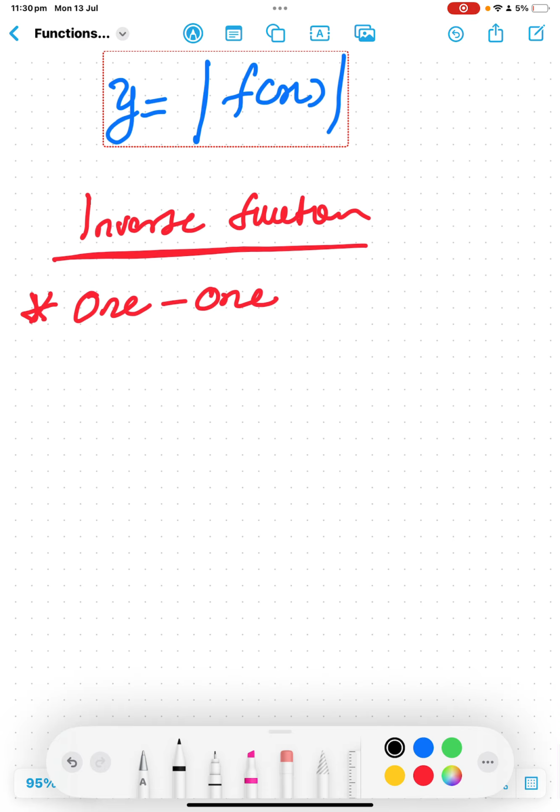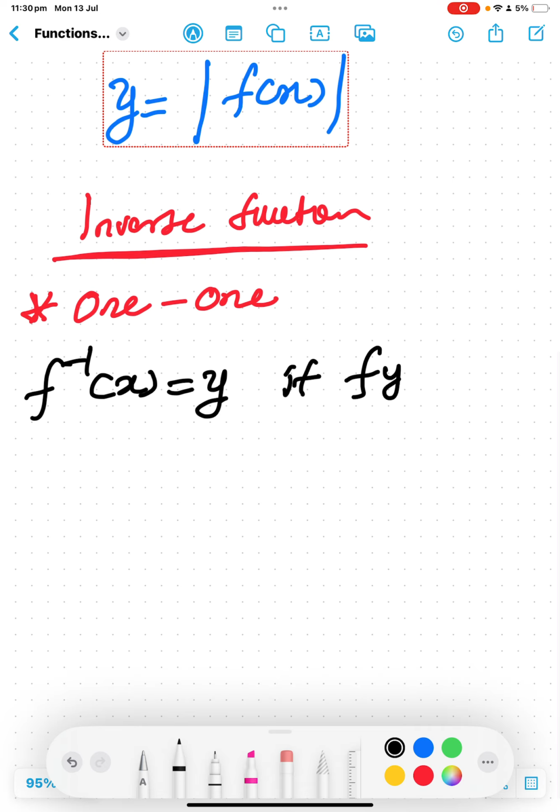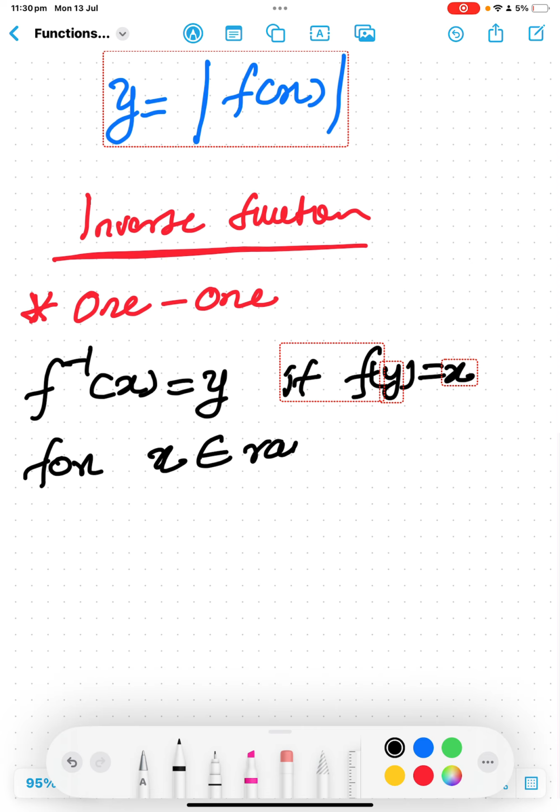So it is defined as f inverse of x equals y if f(y) equals x, for x belonging to the range of f and y belonging to the domain of f.